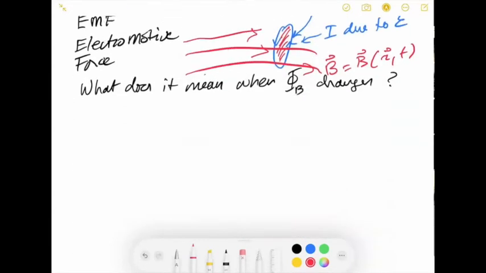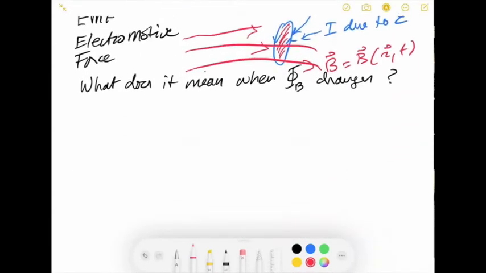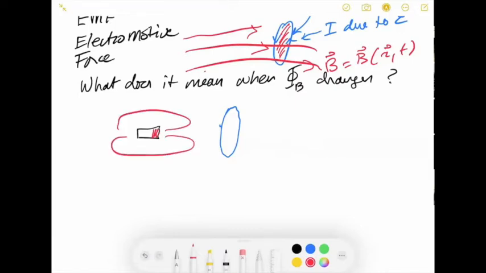Okay, well, how do you get a time-varying magnetic field? Well, that's a little bit ambiguous, because, for instance, what we could do is take a loop, and we could take a little bar magnet. So a bar magnet, and then there's the North Pole, South Pole, and that means there are magnetic field lines.